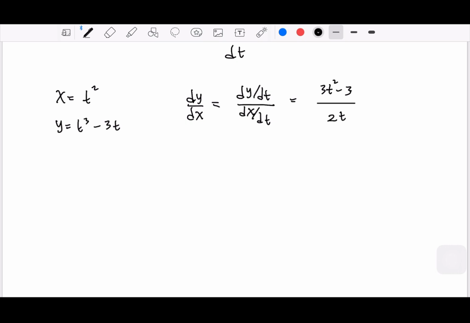Okay, and then there is actually one question that hasn't been mentioned. Show that the curve has two tangents at (3, 0).